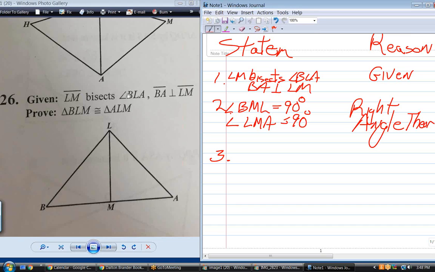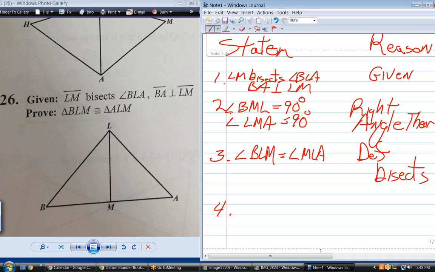In other words, this statement right there means that angle BLM is equal to angle MLA. Definition of bisects. Now what do we have in the way of congruent triangles?